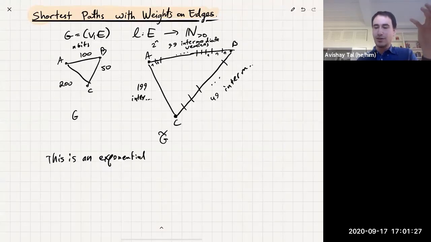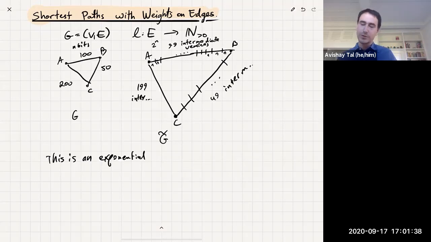In this class, we are describing algorithms that are efficient. Most of them are in polynomial time. In fact, most of them are in linear time or almost linear time. So this is not an algorithm that we would be satisfied with. Later in the class, we will see that for some problems, we don't have better than exponential time algorithms.